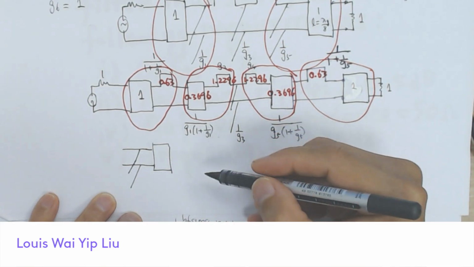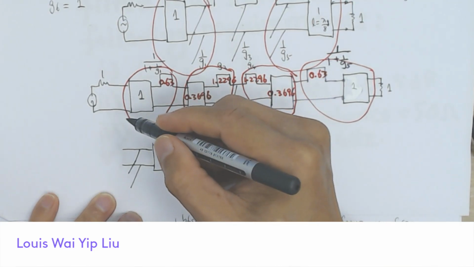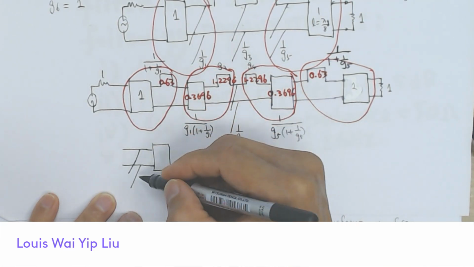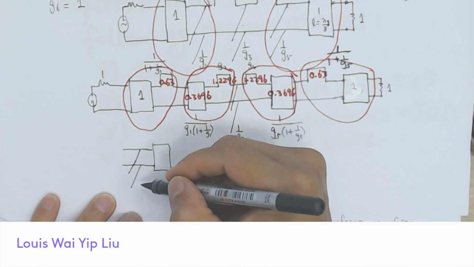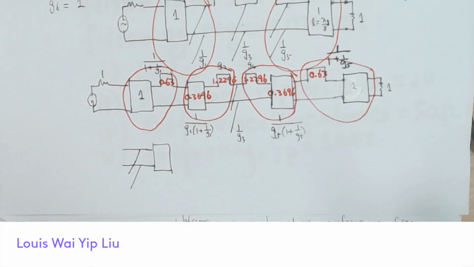According to my calculation, the way we calculate this is, let's see, let's check it. 1 times 1 plus 1 over 0.3.